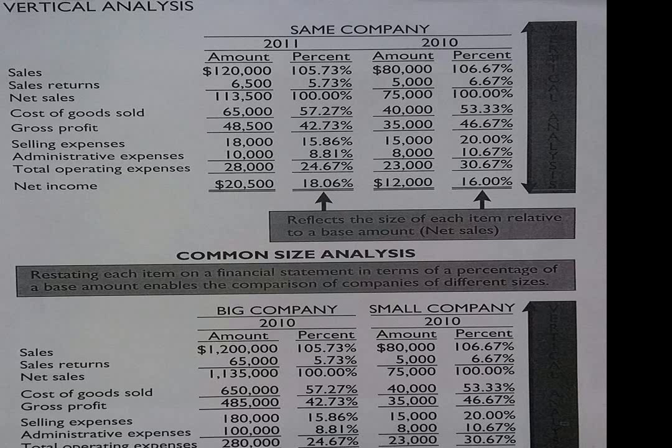Selling expenses and administrative expenses, both we call total operating expenses. We deduct total operating expenses from gross profit. It gives me net income from operations.